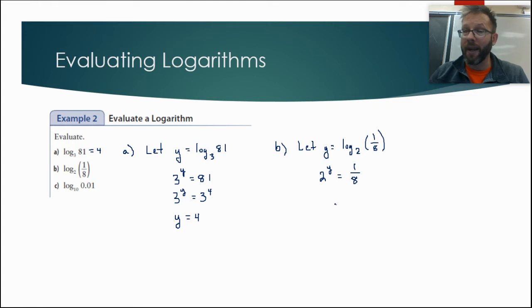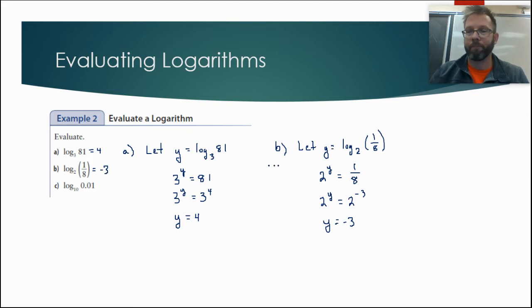We can write 1 over 8 as a power of 2. This does require a rudimentary knowledge of your basic powers of 2 and a little bit of negative exponents. But 1 over 8, we know 8 is 2 cubed. 1 over 8 is 2 to the power of minus 3. So log base 2 of 1 over 8 is equal to minus 3.